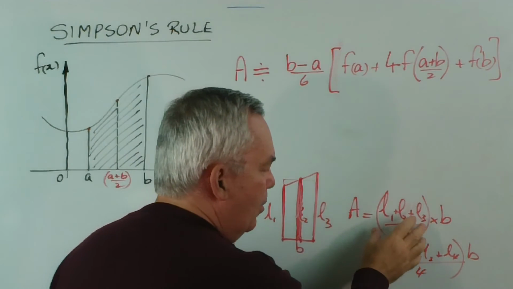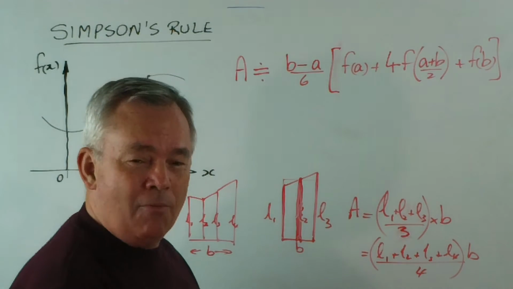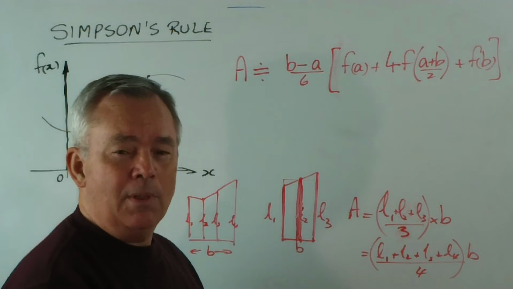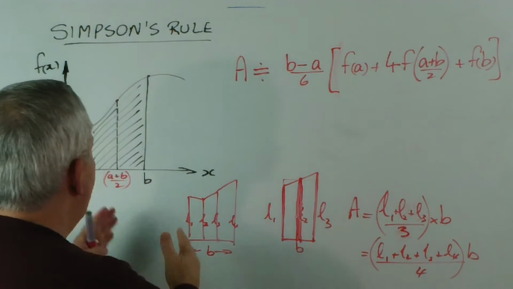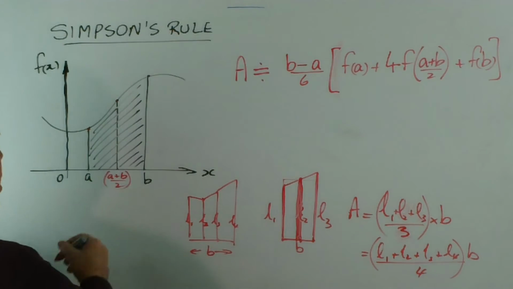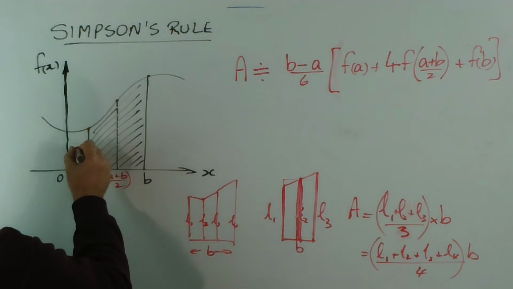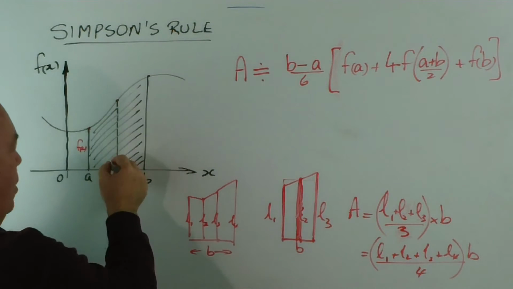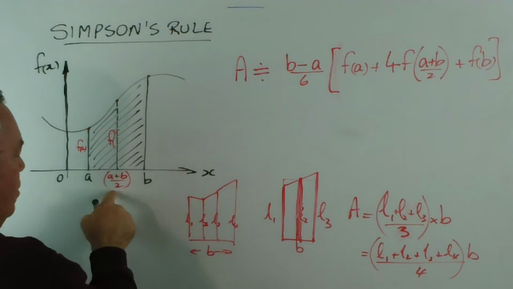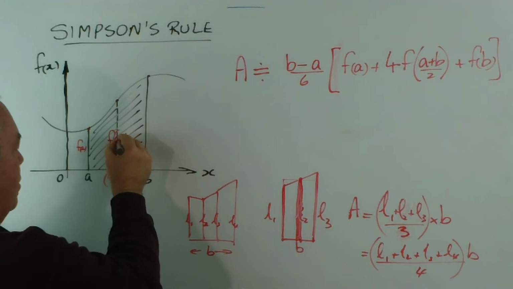I'm wanting you to understand that we can extend the idea of having an average length for a shape times its breadth or width. I want you to have another look at this. Here we have one length here, let's call it, it's the function value at A. We have another length here in the middle, that's the function value at (A plus B) on 2.